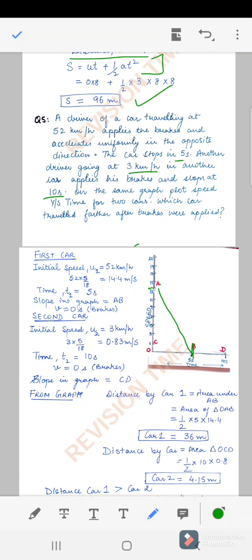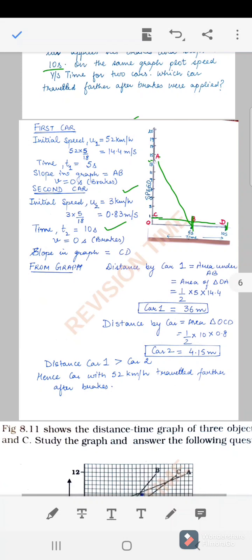Similarly, we have the second car whose initial speed and time we are given. Let us plot this. Time is 10 seconds and speed is 0.8, somewhat here. And we will get the slope as this, right? So the slope for the first car is AB and for the second is CD.